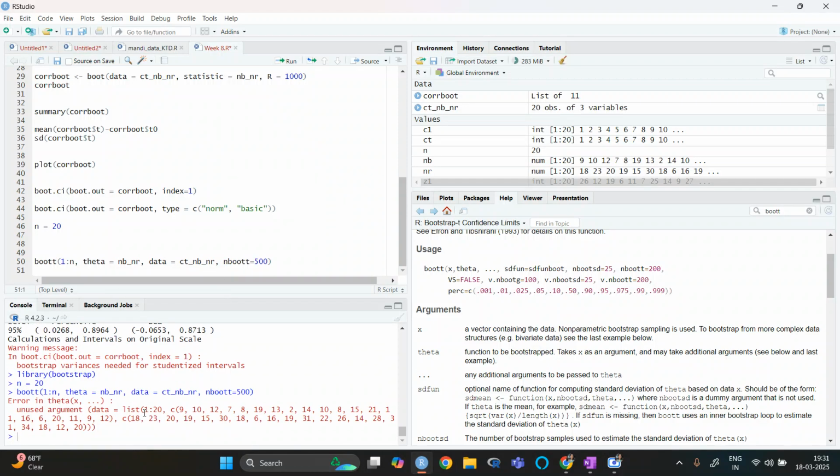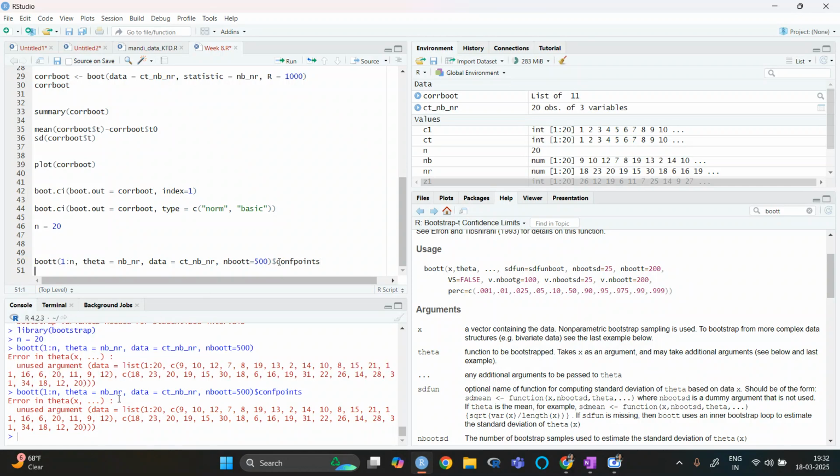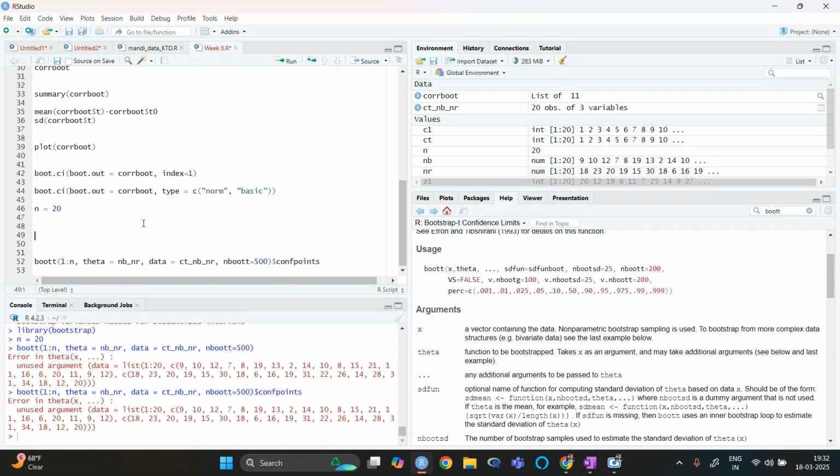And there is an unused argument error. In the function I have given this NBNR, which is given as a function. So what we can do is define NBNR1 with x comma.